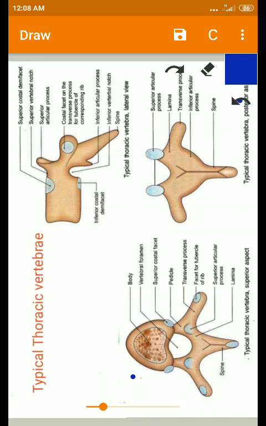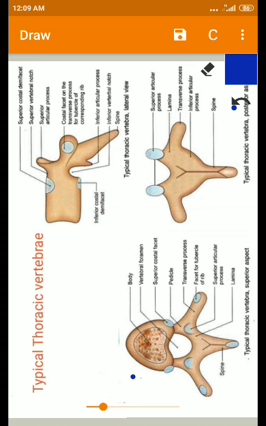Because these inferior articular facets are going to articulate with the superior articular facets of the vertebra below, isn't it? So normally superior articular facets and inferior articular facets face opposite directions. So this is about the superior articular processes and inferior articular processes.